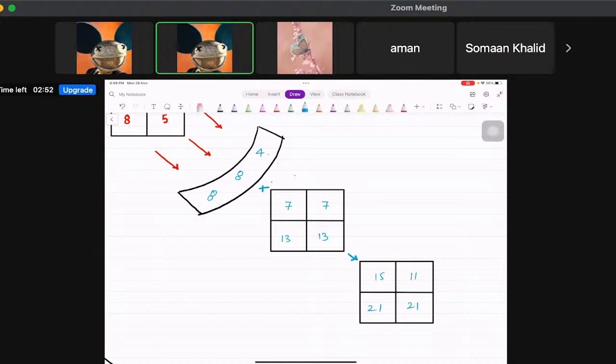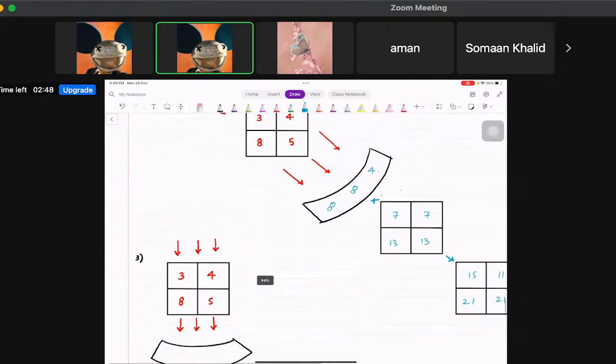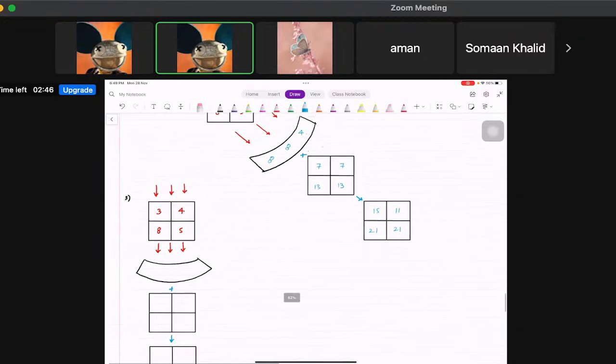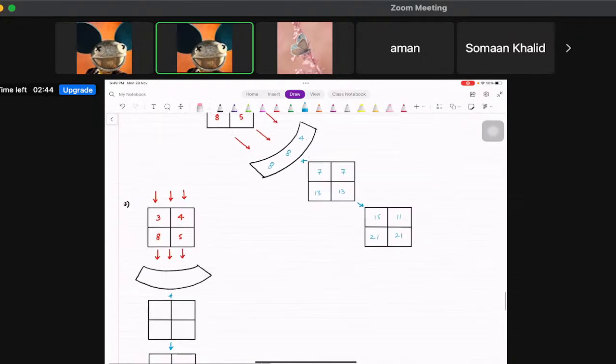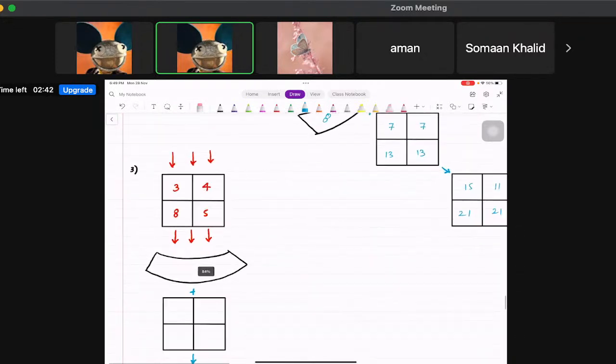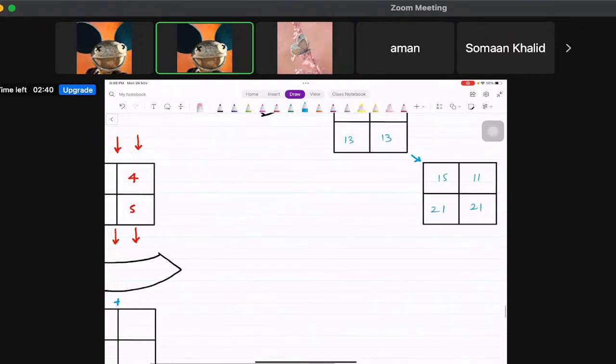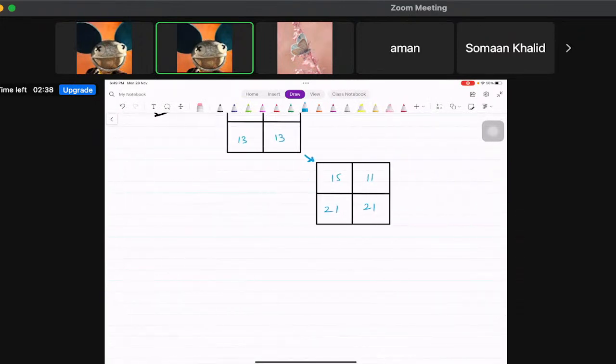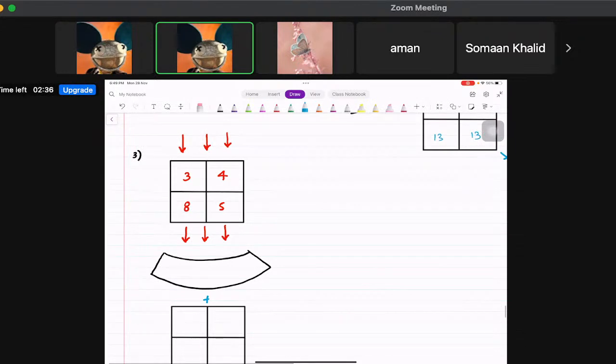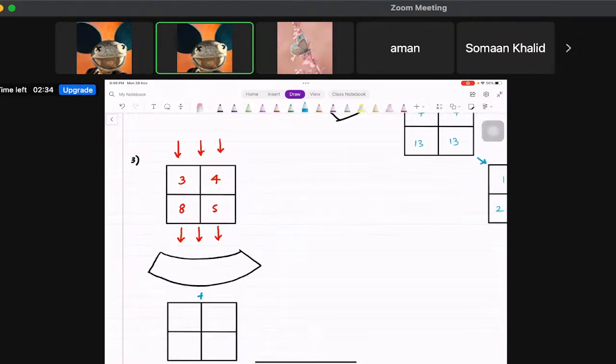Now, the next orientation, the third orientation. You now have 15, 11, 21 and 21 stored, and now it's doing the vertical axis. So you're going to get 4 plus 5 as 9, and 3 plus 8 as 11 from the vertical.